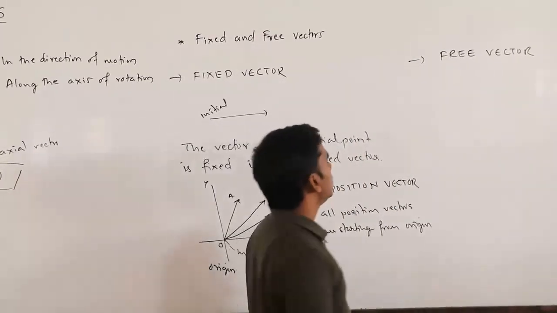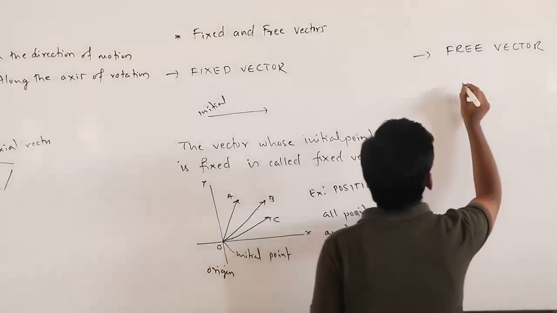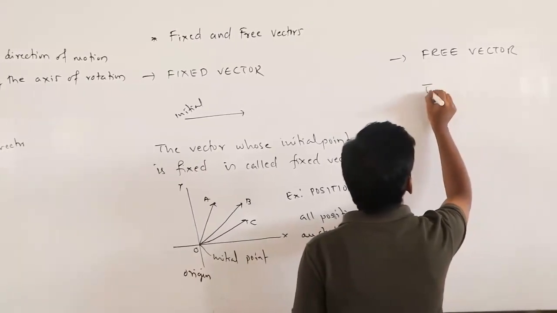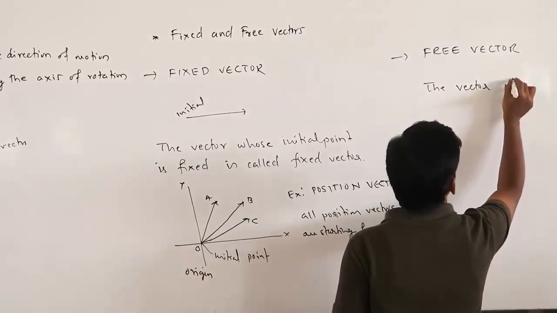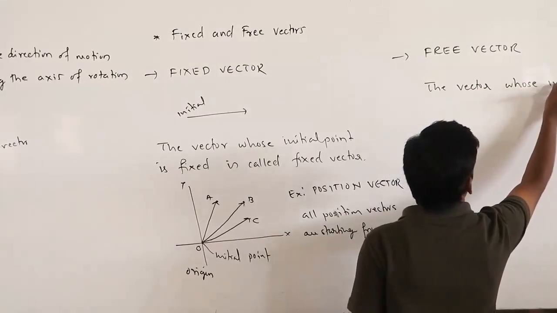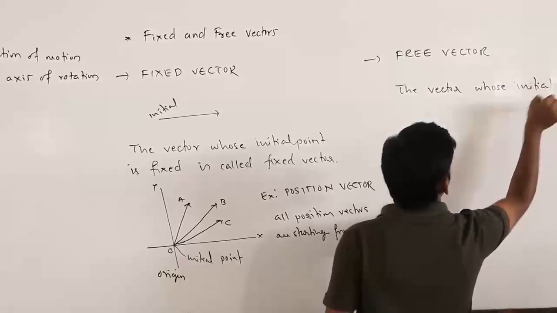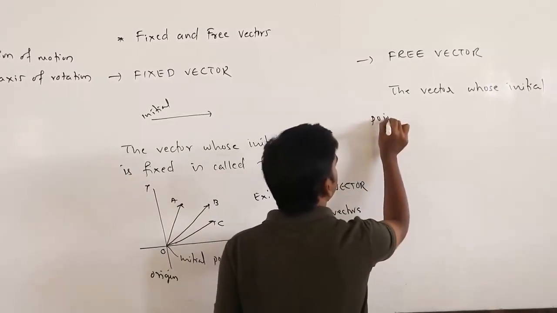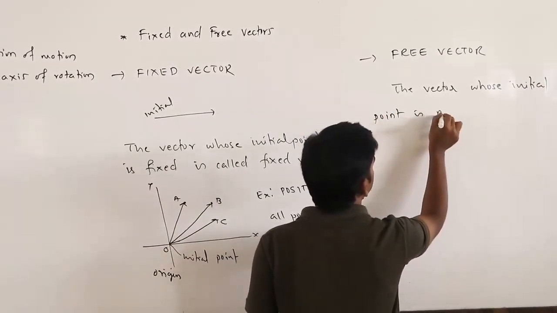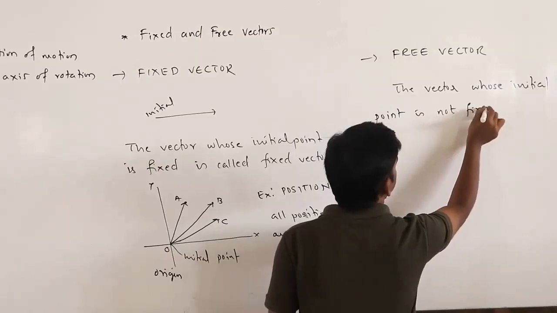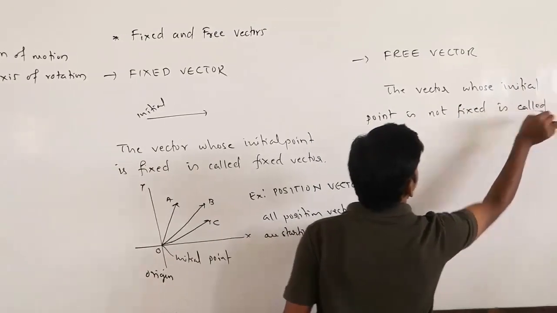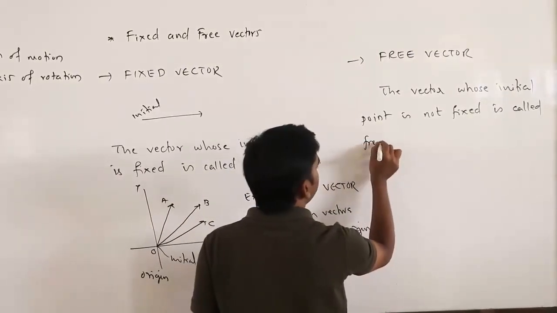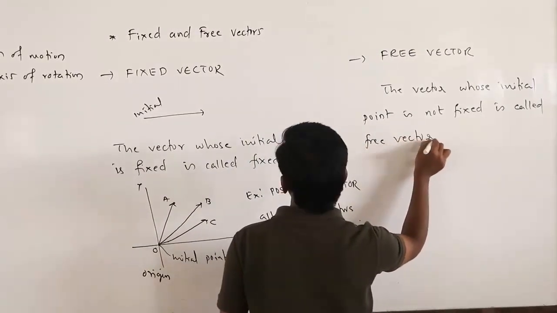Simply we can say the vector whose initial point is not fixed is called a free vector.